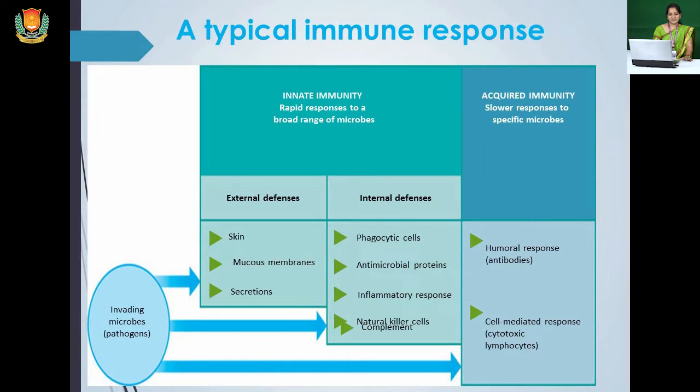Now, this diagram shows how an immune response occurs in our body. We have 3 layers of immune system. First, whenever an invading pathogen comes inside, our innate immunity is responsible for the first response. The word innate means inborn. This immunity is inborn in every individual.